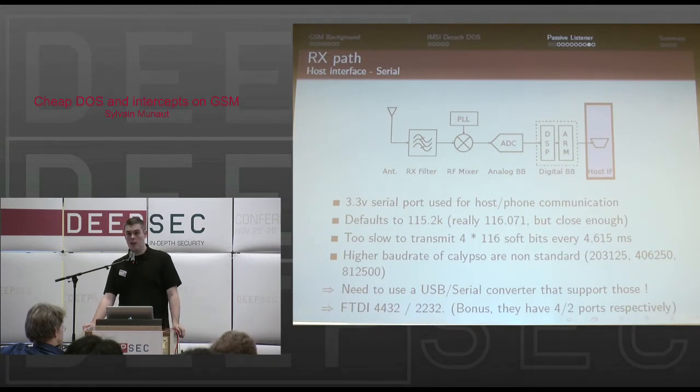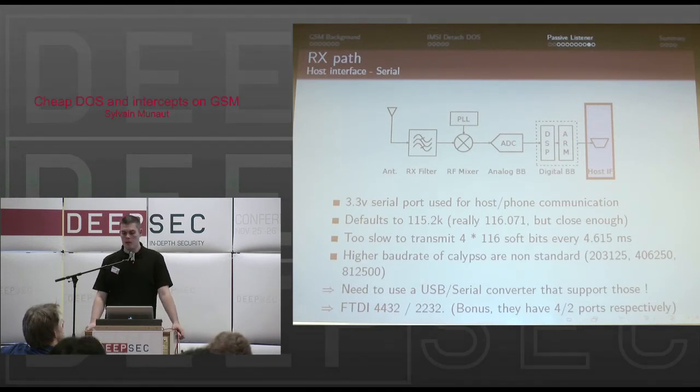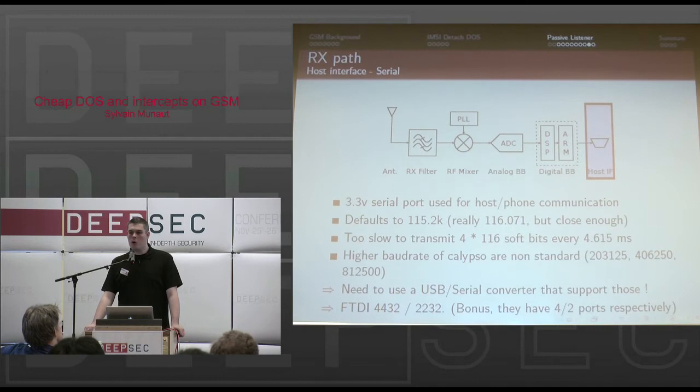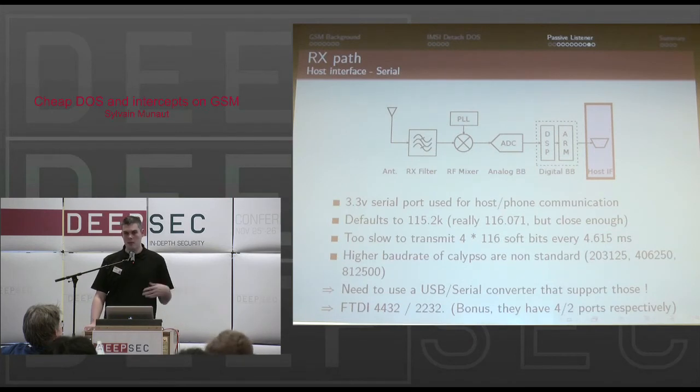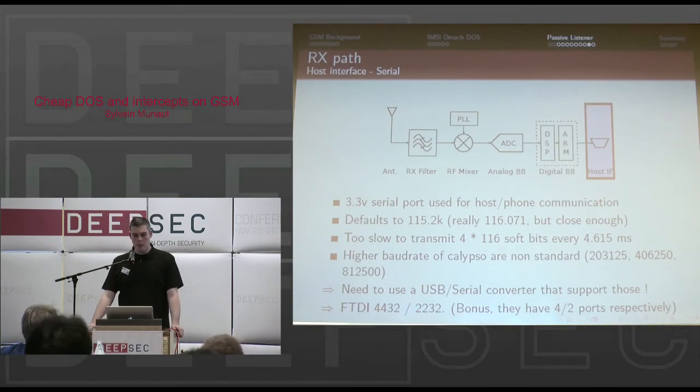Finally, we have to get the data out somehow. Osmocom-BB uses a serial port, whose advantage is that it's very simple. However, at 115 kilobaud, it's just not fast enough if you want to receive 2 bidirectional voice channels. You have to receive 4 bursts of 160 bits, and we transmit soft bits and not hard decisions, so it's a lot of bandwidth. Not much of a problem.